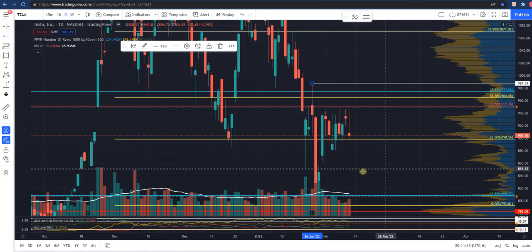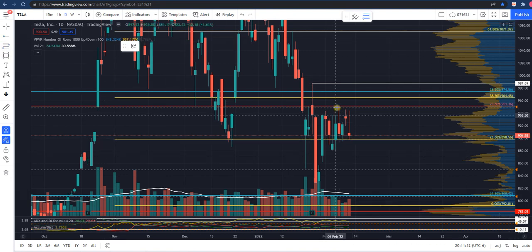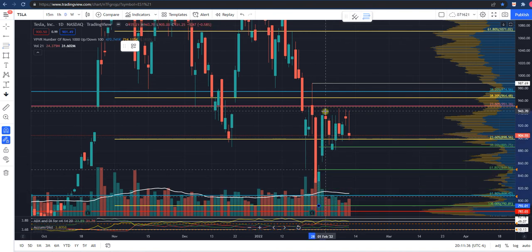To the lower side, once price made this low down here on the 28th of January, we know what the tertiary retracements are, the yellow retracements. And so we know the 23.6 here is at 898.56. And then once we test into resistance, we can go ahead and add one more retracement from the low, and we'll put it up here into this candle on the 1st of February, just as the first initial test of resistance.